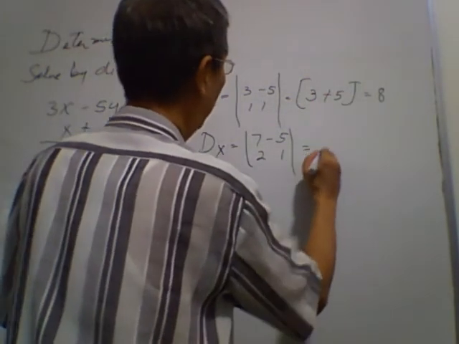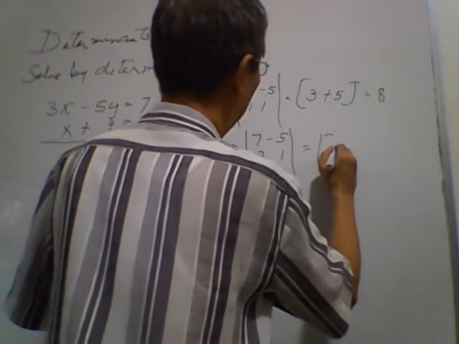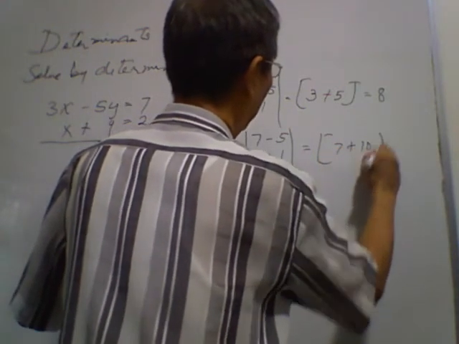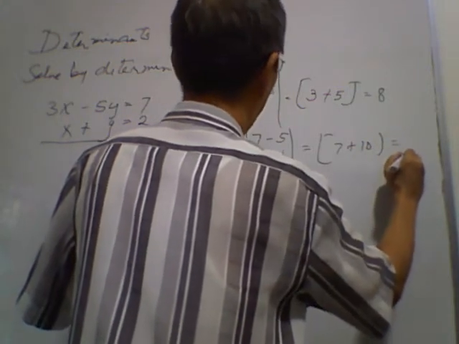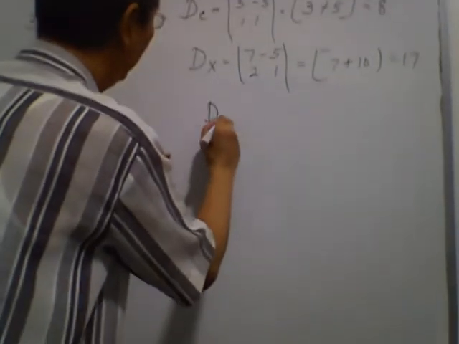So that will be equal to 7 minus -10, so 7 plus 10. So that is equal to 17.